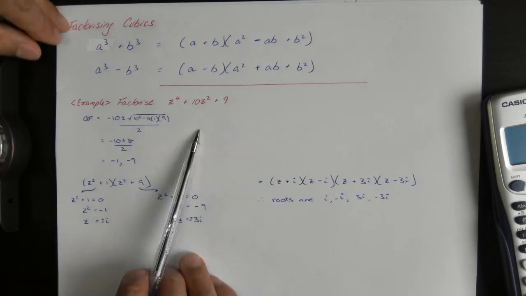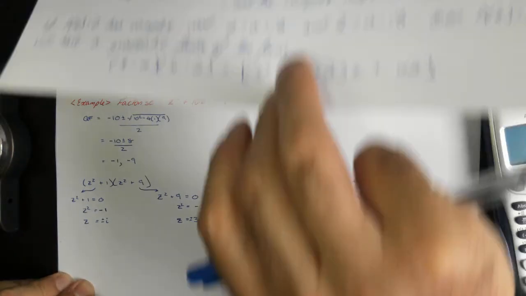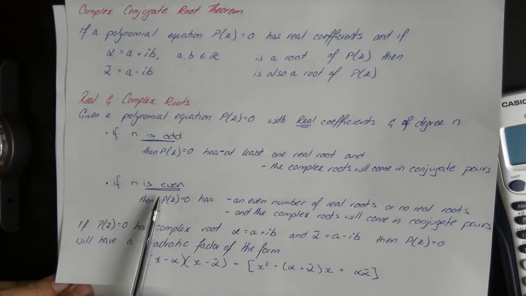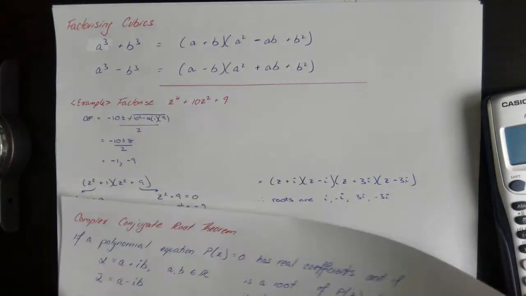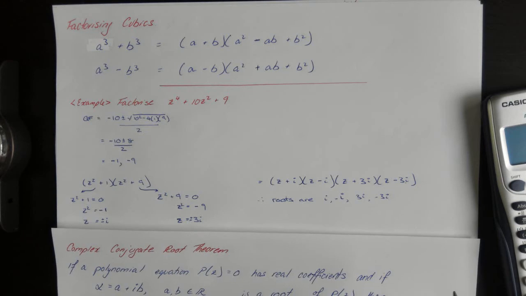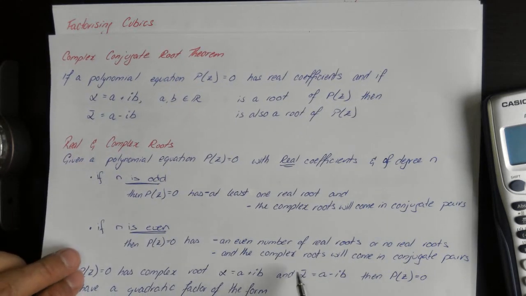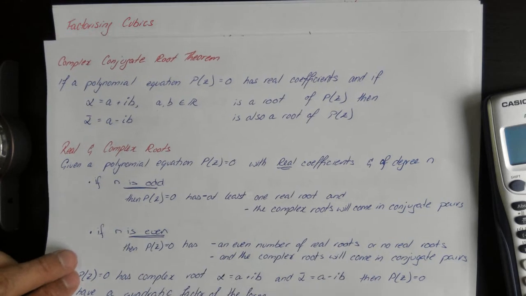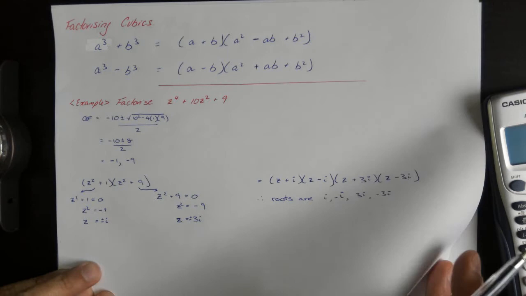Note that this is a highest degree of 4, so it's an even polynomial. So it has an even number of real roots, or no real roots, and the complex roots come in conjugate pairs. That's how that one worked.